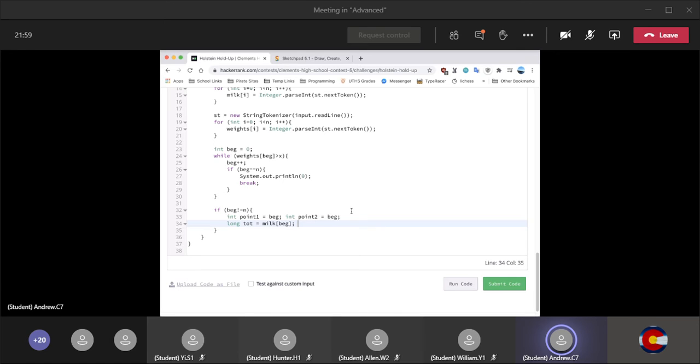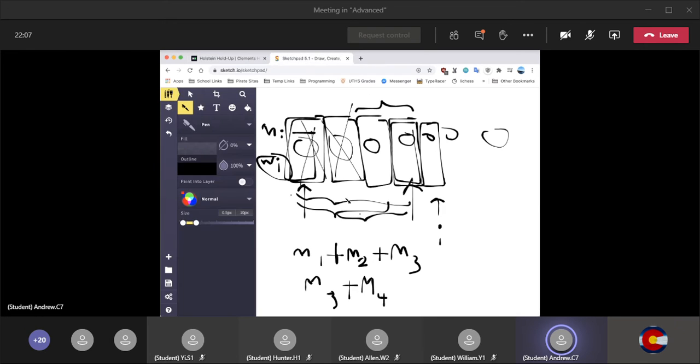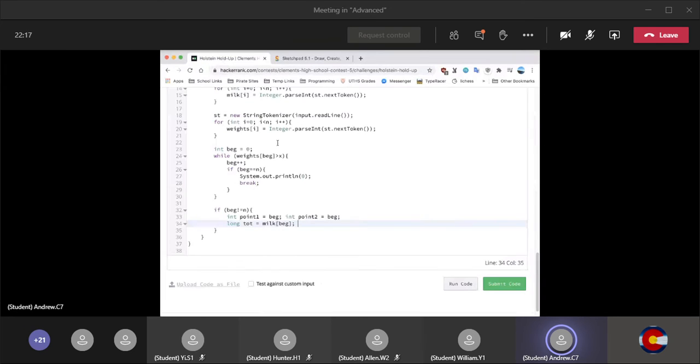That's the only cow in our current contiguous set. Then we have the maximum milking value, because that's what we're going to print out. That's what we want to find. So we can have long max equals, currently just the total value, but we will be updating max as we go through the algorithm. And then finally, we have to look at our current weight.